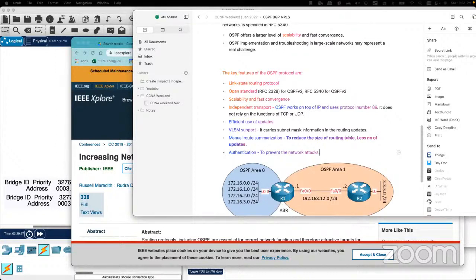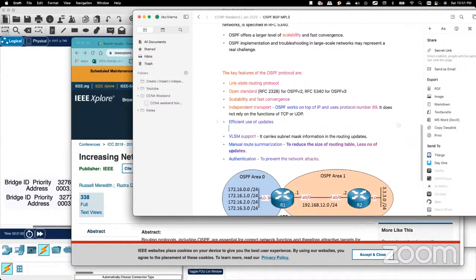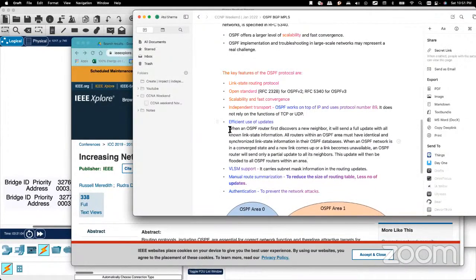If I want to elaborate more, when an OSPF router first discovers a new neighbor, तो जैसे उसको नया neighbor मिलता है, once we find the neighbor with the hello packet, we send the full information in the update packet, right? We send the complete update. If you do not understand this now, don't worry, I will cover it.